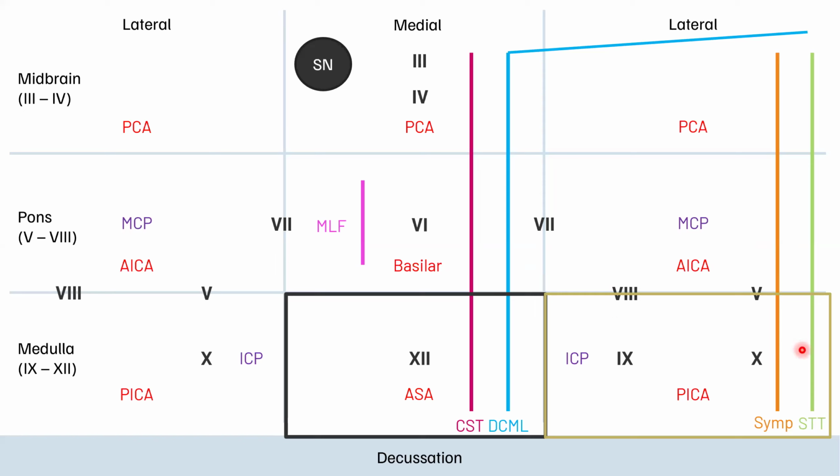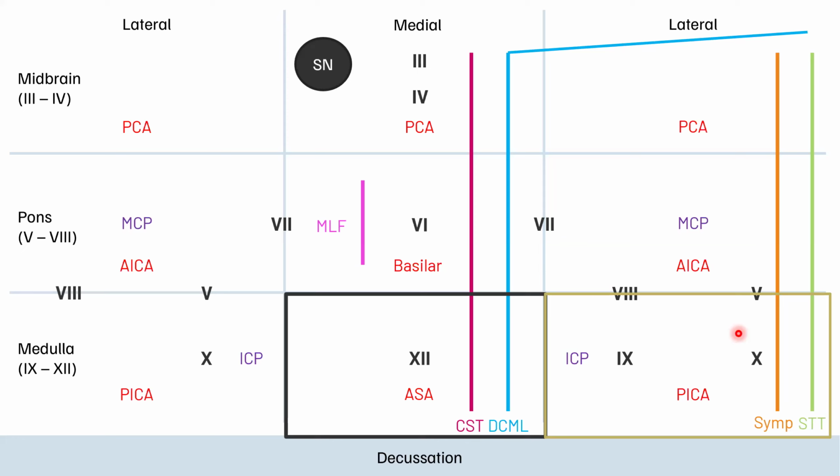Something that is very characteristic of the brainstem, and why I want you guys to think of the brainstem, is if you have a presentation where everything is happening on one side of the face and everything is happening on the other side of the body. So ipsilateral head and neck region, contralateral to the rest of the body.